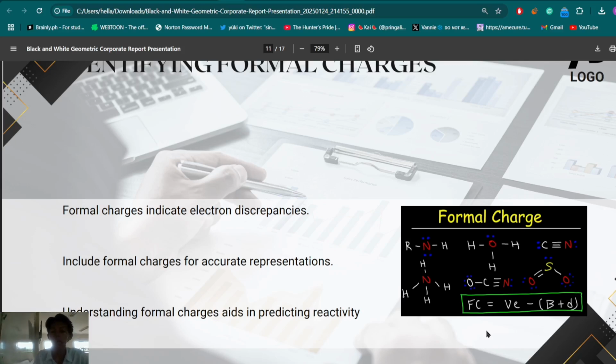Step-by-step method to find the formal charge: Step 1, count the valence electrons in the neutral atom. Step 2, count non-bonding electrons, the lone pairs. Step 3, count bonding electrons and divide by 2. Step 4, apply the formula to calculate the formal charge.